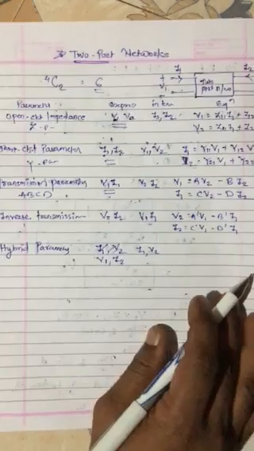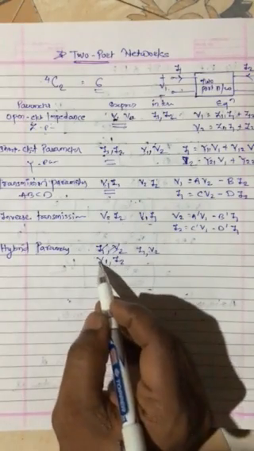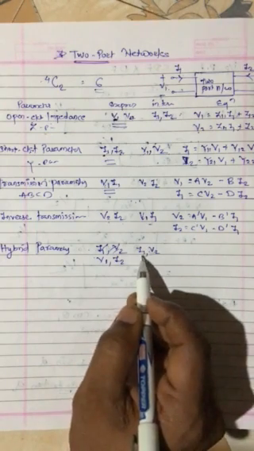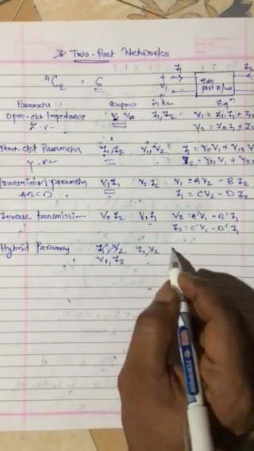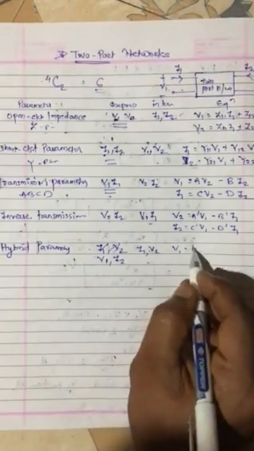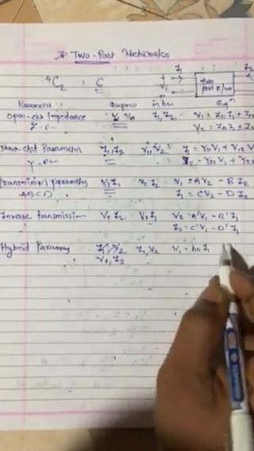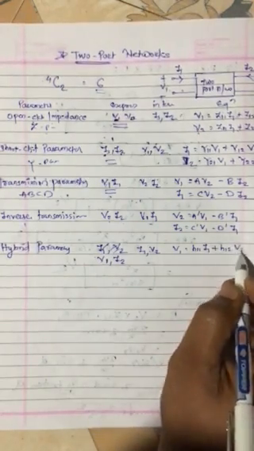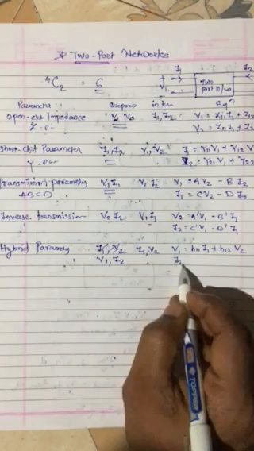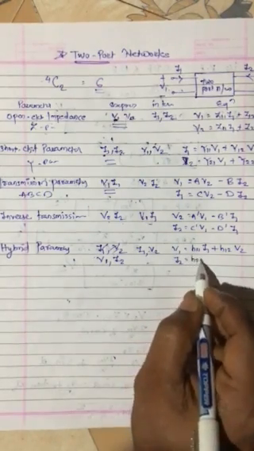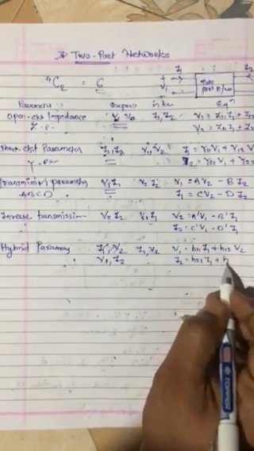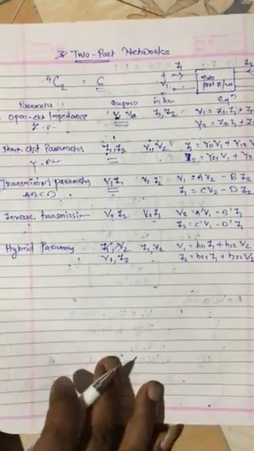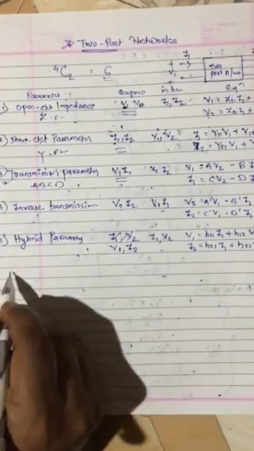So V1 and I2, the voltage of the first port, the input port, and the current of the output port, are expressed in terms of I1 and V2. The equations will be V1 equal to H11 I1 plus H12 V2, for hybrid we have used H, and I2 equal to H21 I1 plus H22 V2. And the last is inverse hybrid.